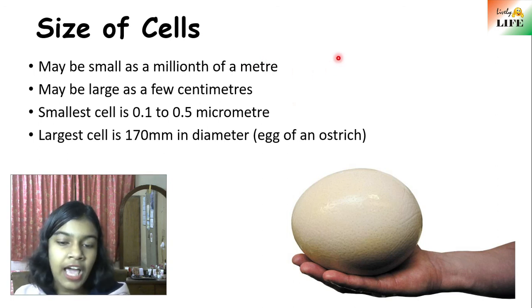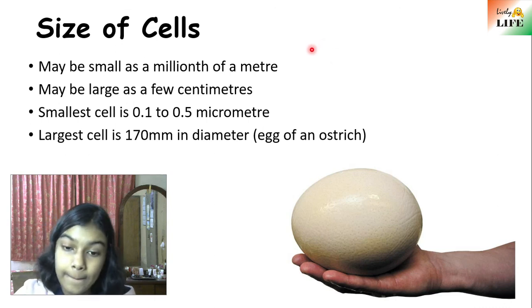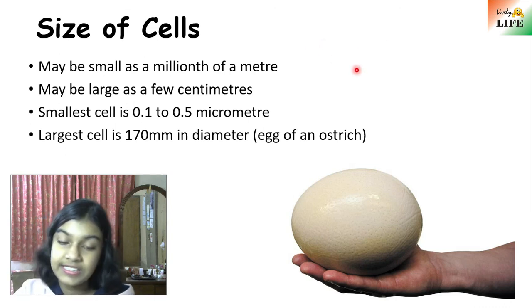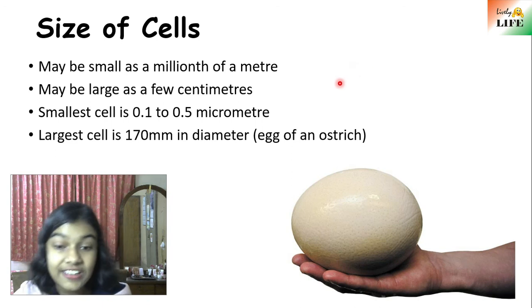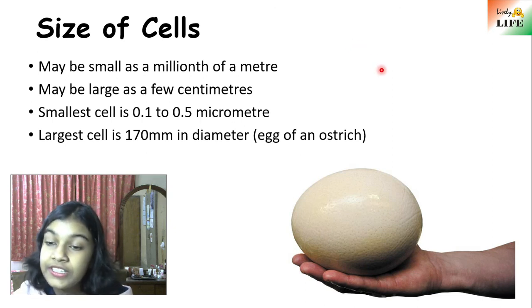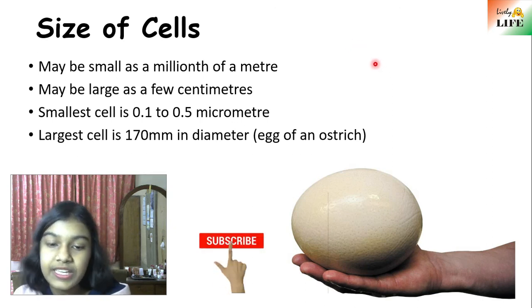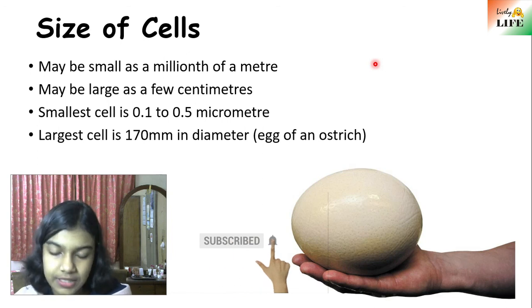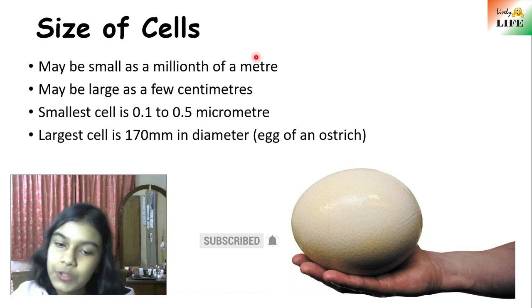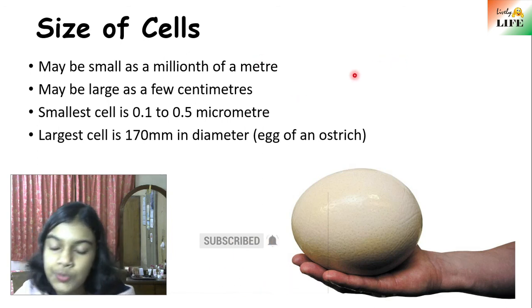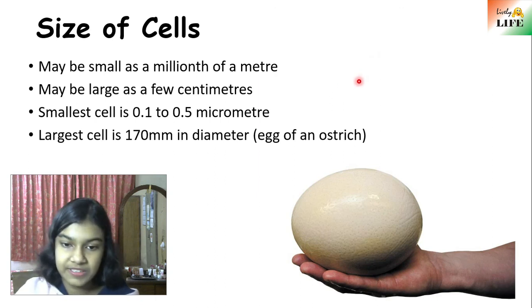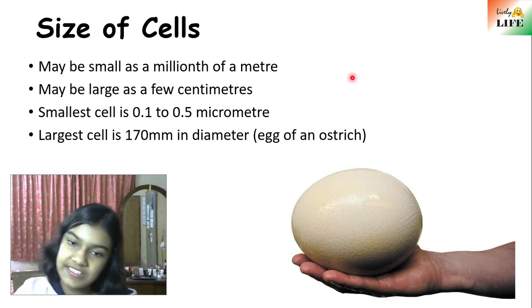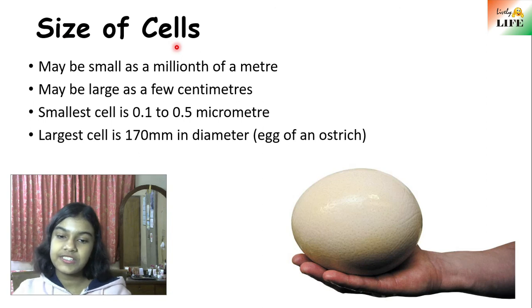The elephant will have more cells than the rat, but the size is the same. For example, the nerve cell, the neuron that we saw, is the same size in an elephant and a rat. It is not bigger in the elephant or smaller in the rat. The number depends, the size doesn't. So this was the size of the cells.